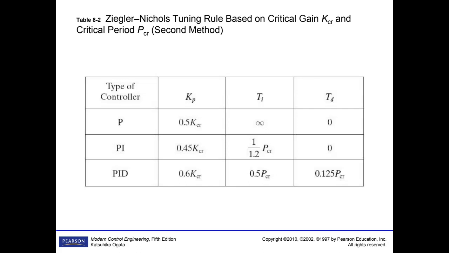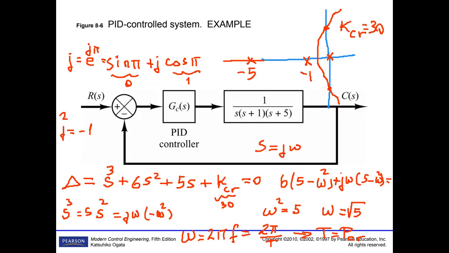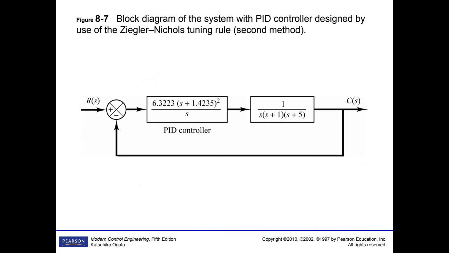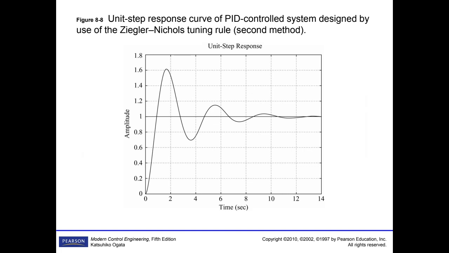Bulduğumuz değerler başlangıç noktası. That double zero is our starting point, and this PID is our starting point. If we draw the step response, you can see 60% overshoot, and the settling time is somewhere around 12 seconds, more than 10, which is not acceptable.